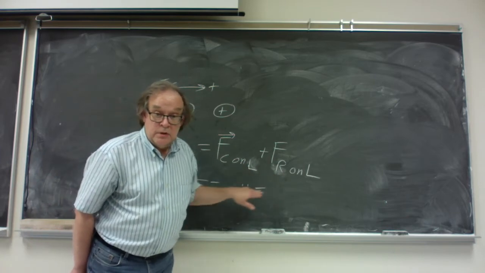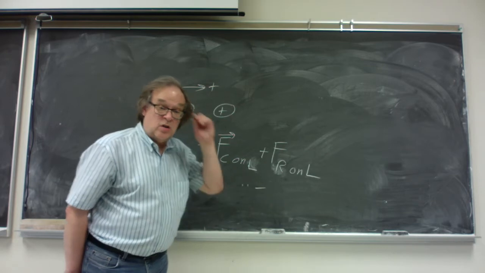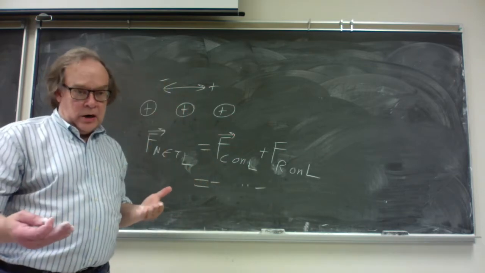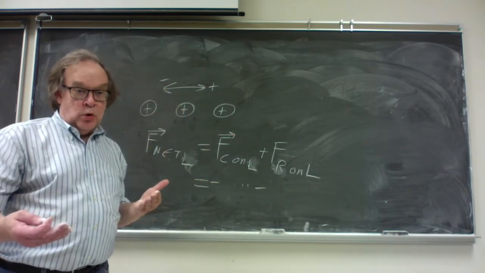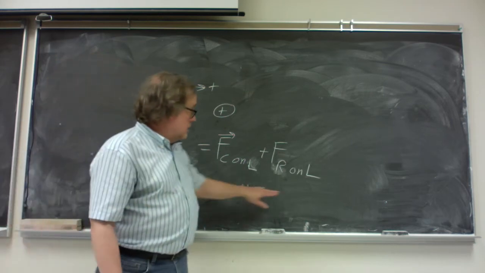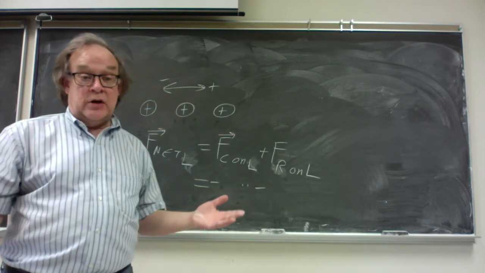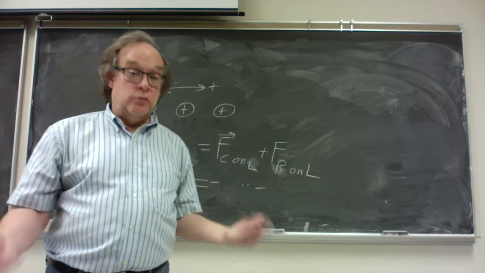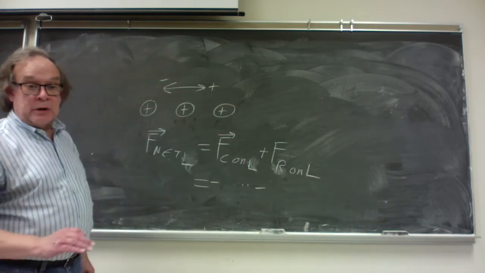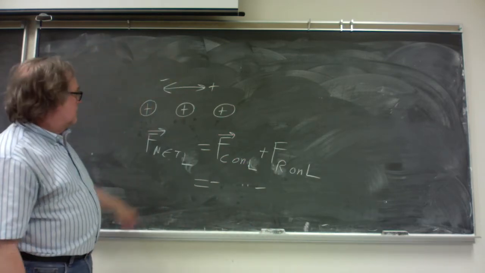Well, how much force here, how much force here? All we can do there is say what the relative strengths of these two forces are. We don't have enough information to calculate the actual value, but we can think about relative strength this way.